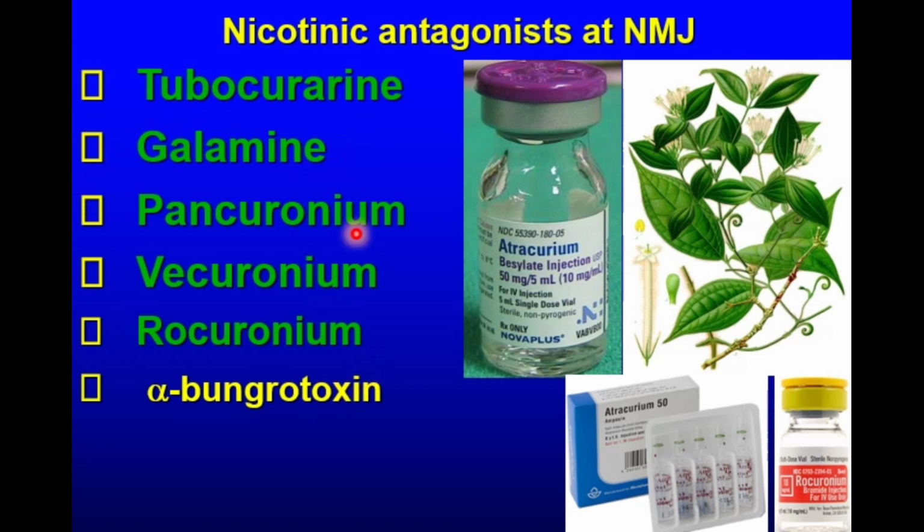These are competitive antagonists at the neuromuscular junction and useful for producing muscle paralysis during surgery. They allow the anesthetist to employ a relatively light level of anesthesia and yet have adequate muscle relaxation. In all cases, there is a need to ventilate the lungs.